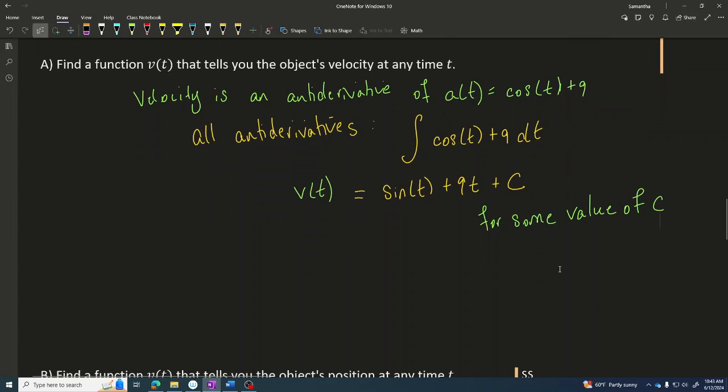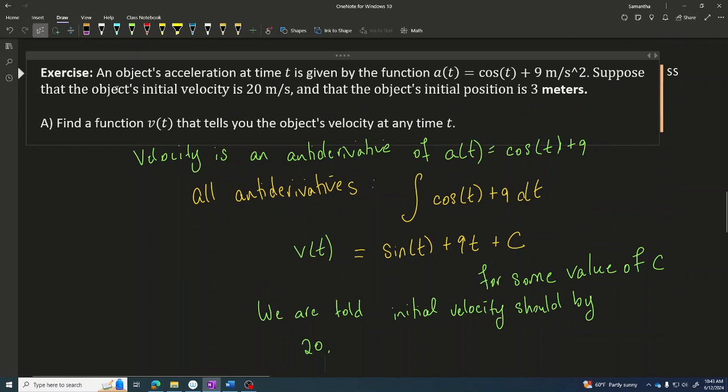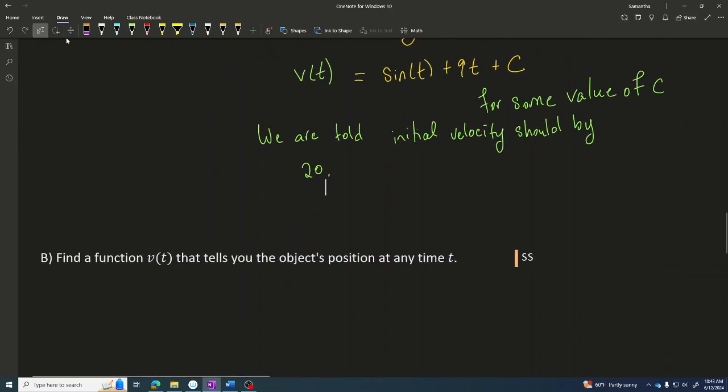Well, we are told by the problem that the initial velocity should be 20 units, right? We are told by the problem that the object's initial velocity, the velocity at time 0, was measured to be 20 meters per second.